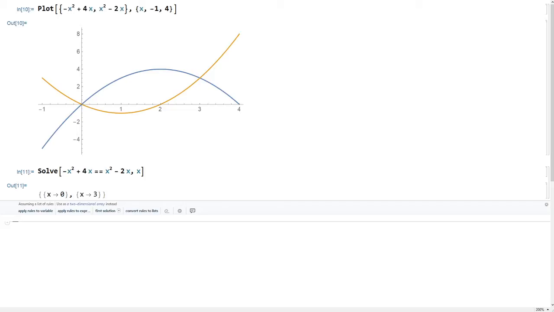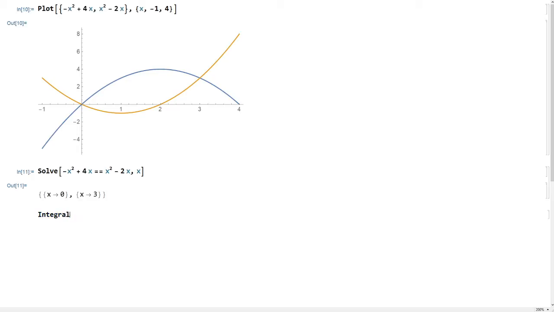All right, but now the benefit is that we can just get right to the integration, and we can compute that right here in Mathematica as well. Because again, setting up the integral is more interesting than actually computing it at this point. So, Integrate. We want to do the top function minus the bottom.